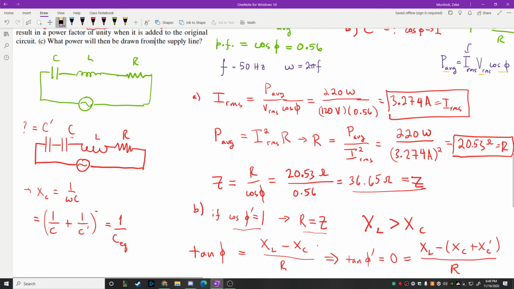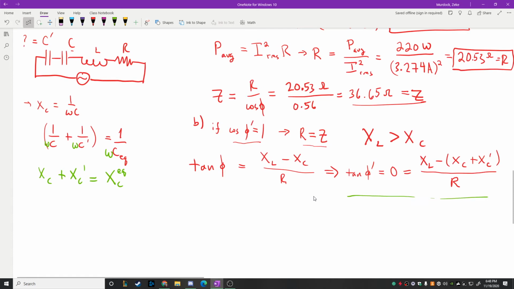And if we multiply both sides by omega, then what we get is basically XC plus XC prime is equal to XC equivalent, right?